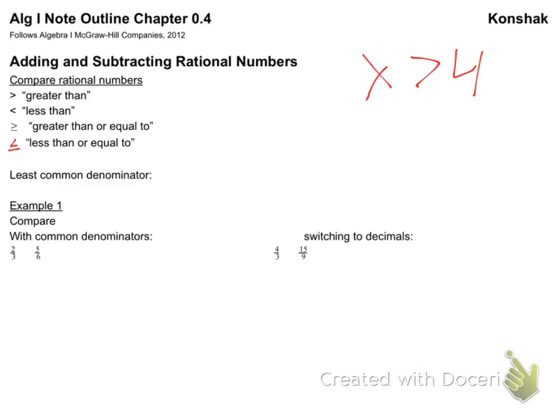The least common denominator is a really nice way to compare our numbers. Instead of calling it the least common denominator, we sometimes say LCD. What does that mean? What does the least common denominator mean? It says what its name says.